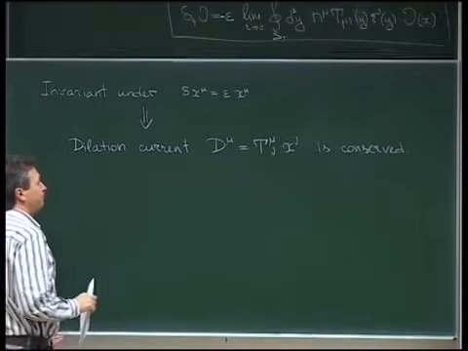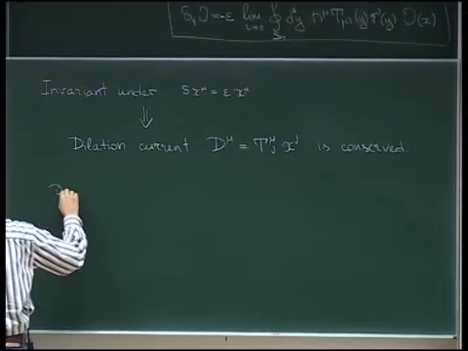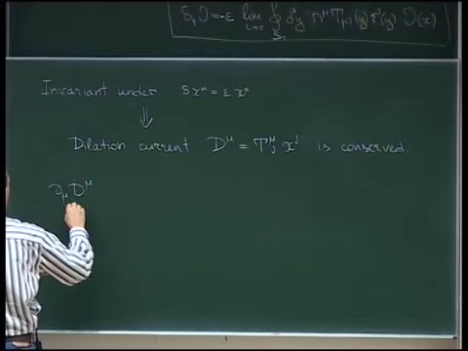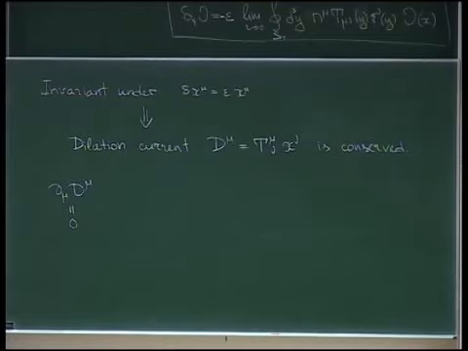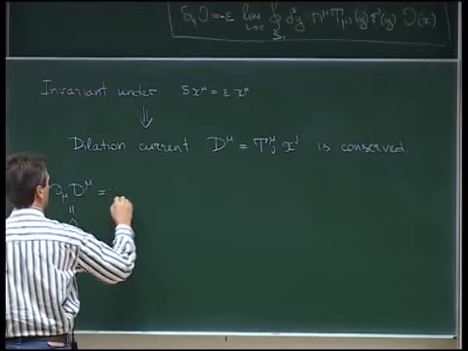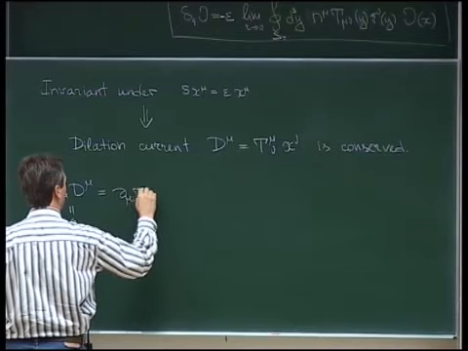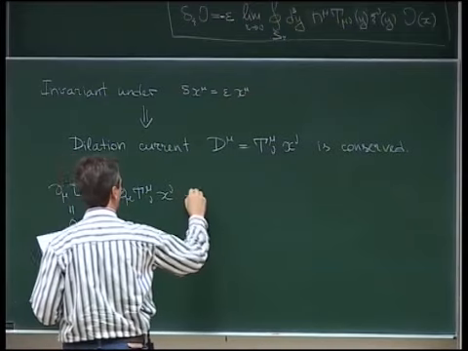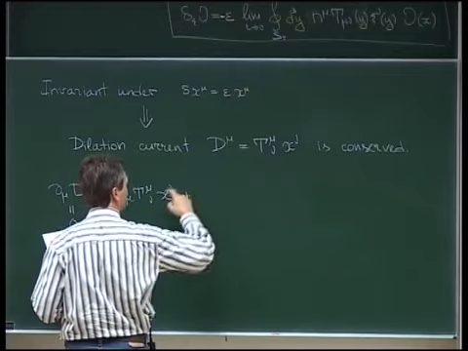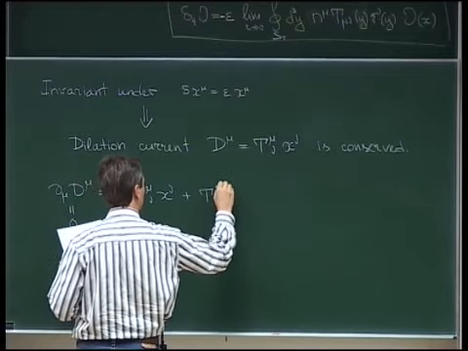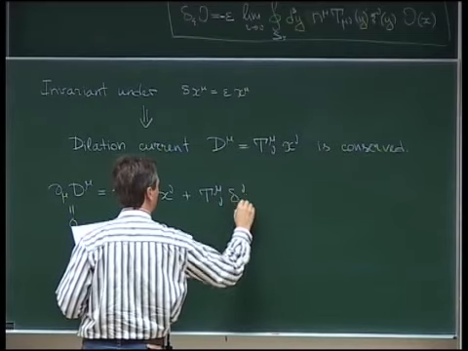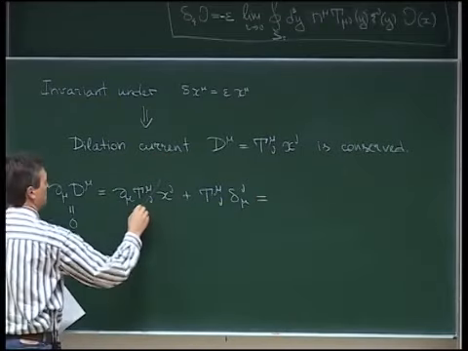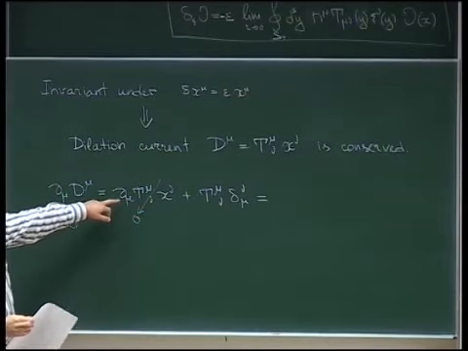So what does this mean? This means that if we take the divergence of this current, then we should get 0. So let's calculate this divergence. If we differentiate these two terms separately, then the first term vanishes because the energy momentum tensor is conserved.